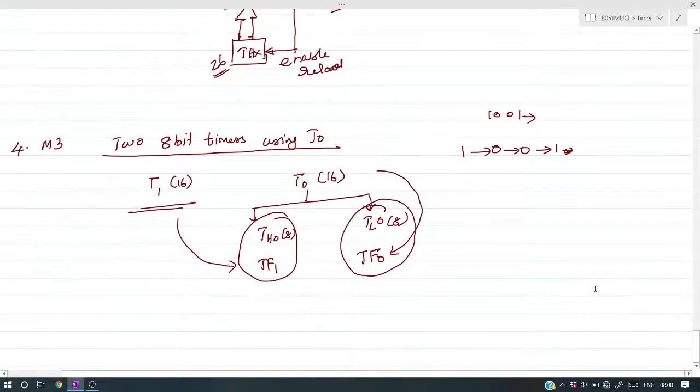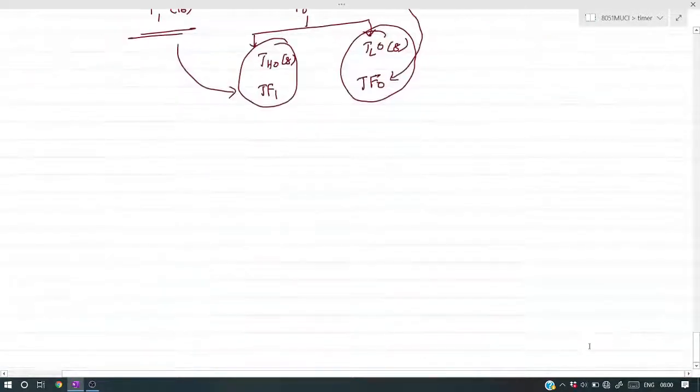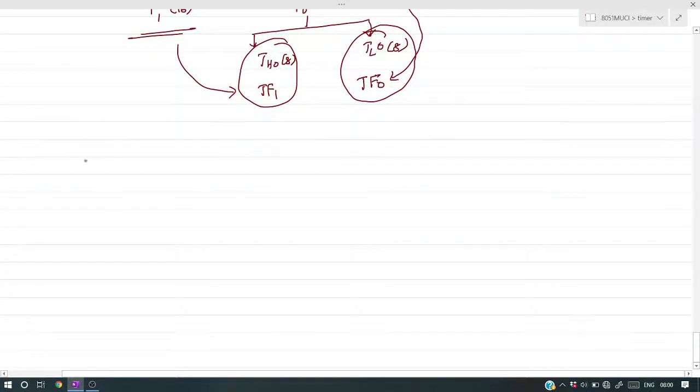So let's draw the logic diagram. In the first case, the clock is coming from the earlier stage. After each clock, it will increment TL0, and once TL0 overflows, the timer overflow flag TF0 will be set, which interrupts the processor.